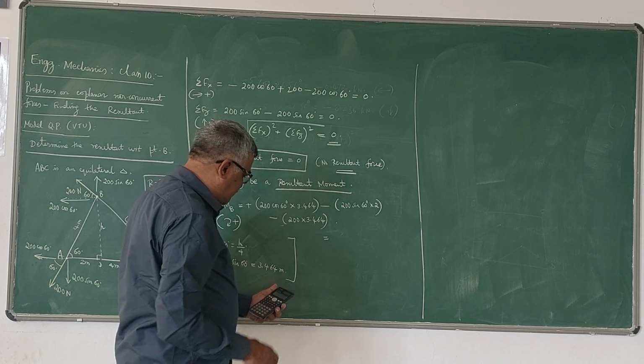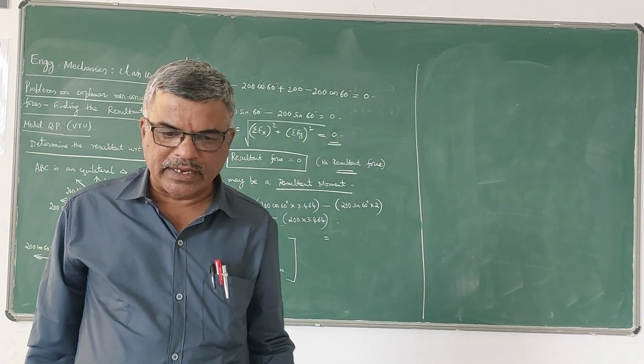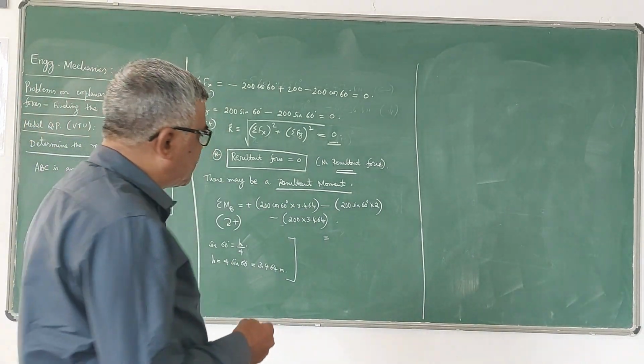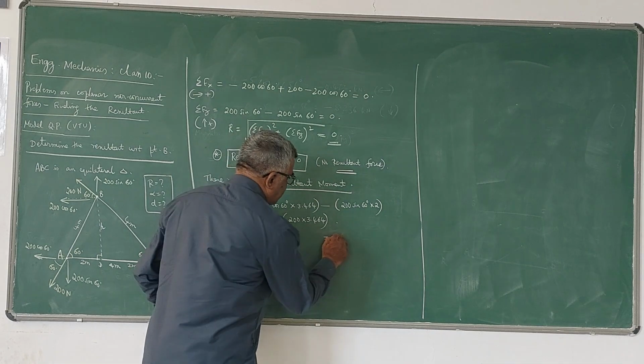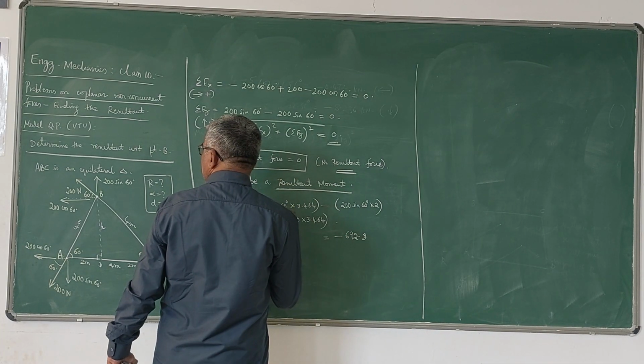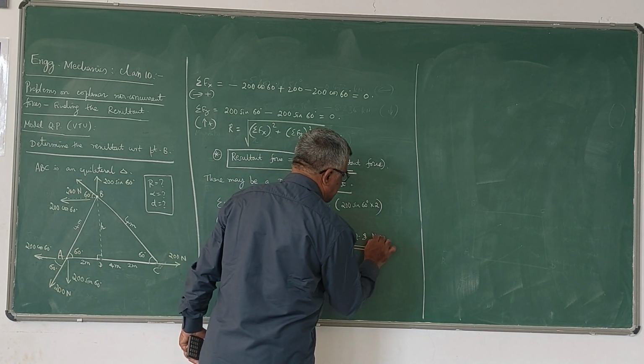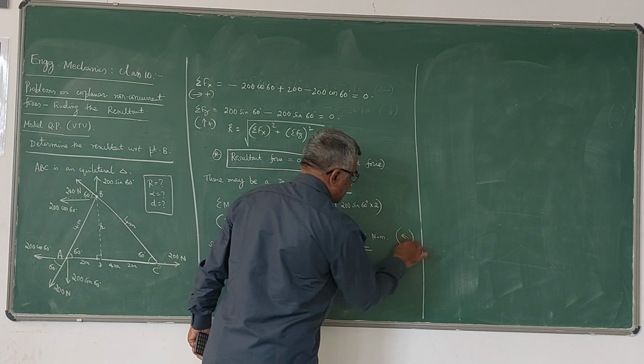So this is the value of that moment. You are getting minus 692.8. Unit is Newton meter. So minus stands that it is anti-clockwise.